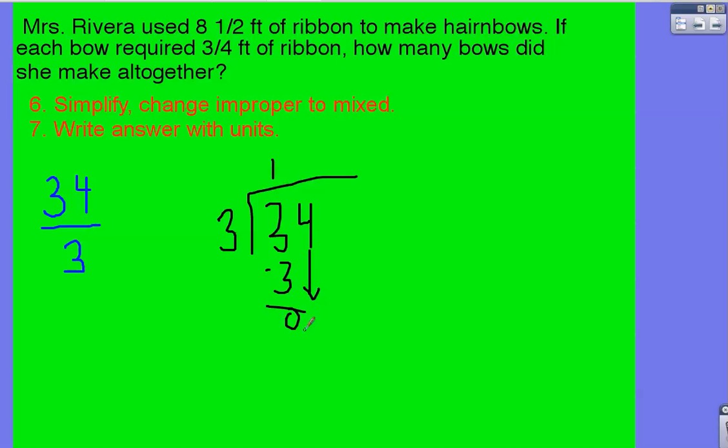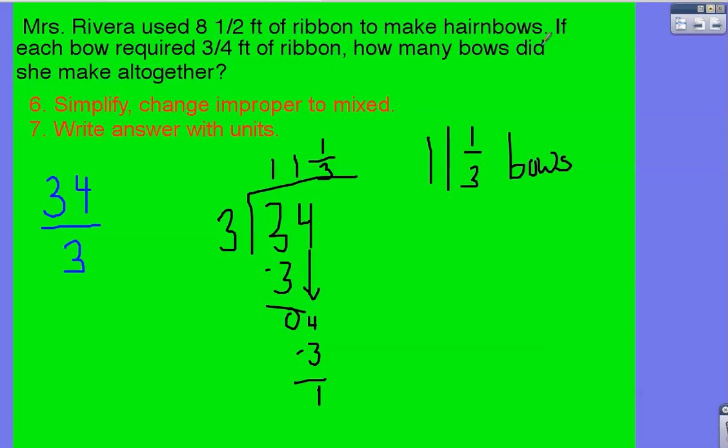So I can bring down that 4 to keep going. 3 goes into 4 once. 1 times 3 is 3. 4 minus 3 is 1. This is where I'm going to stop before I bring down that 0 since we're doing fractions. So that's 11 and 1 part out of our 3 total left. So our answer is 11 and 1/3 bows.